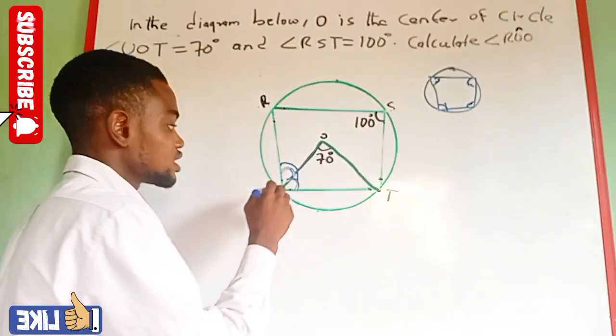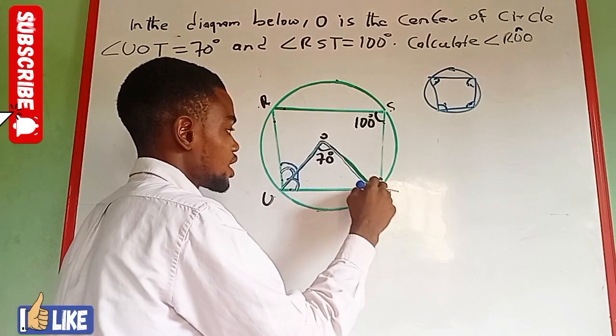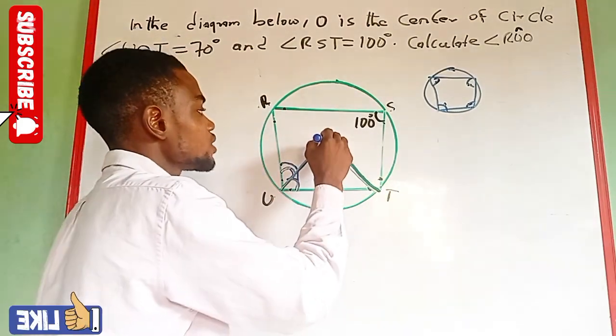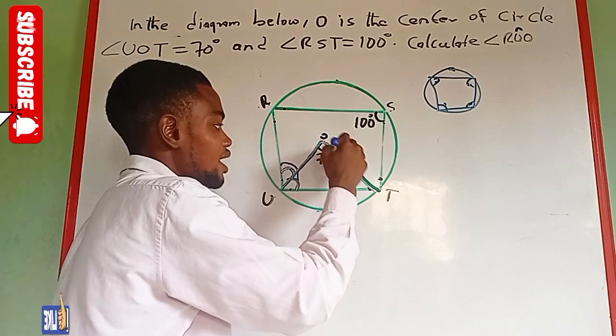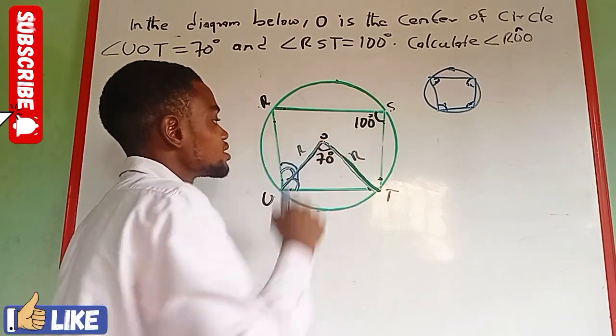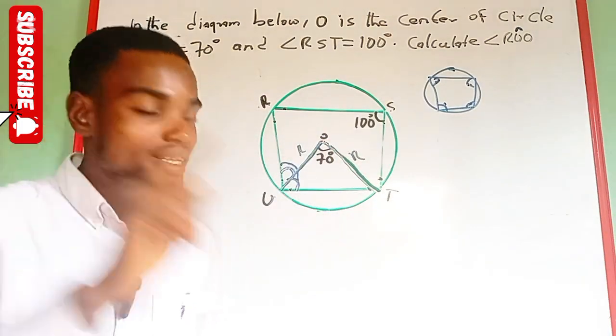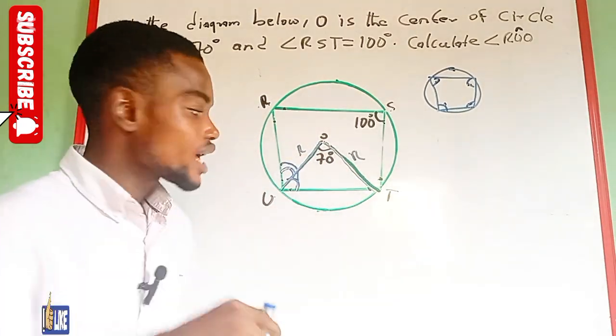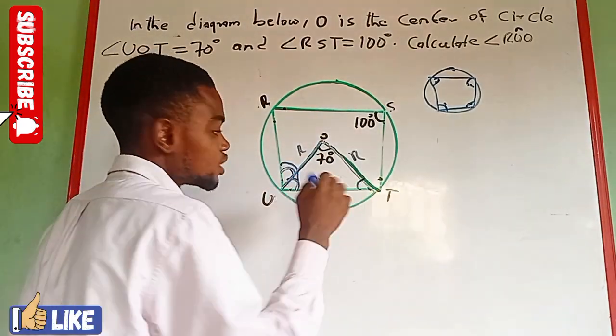And this other angle is found inside this triangle here that already has 70 as an angle. Now remember that any line from the center is known as a radius, and the radii must be what? Equal. Hence, this triangle is an isosceles triangle. An isosceles triangle has the base angles to be what? Equal.